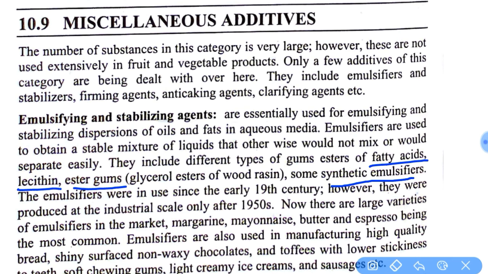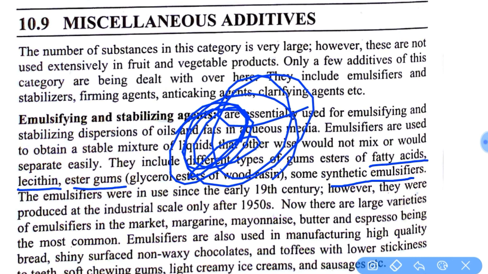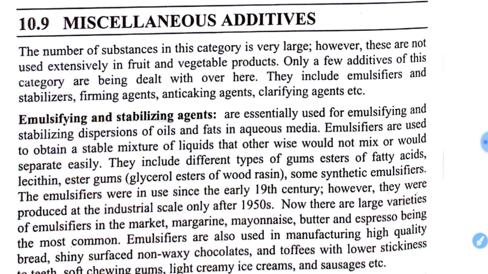To prevent that separation, emulsifiers and stabilizers are used so that these two liquids are properly mixed with each other. That's why we use emulsifiers or stabilizers, which bind these two separating liquids into one liquid.